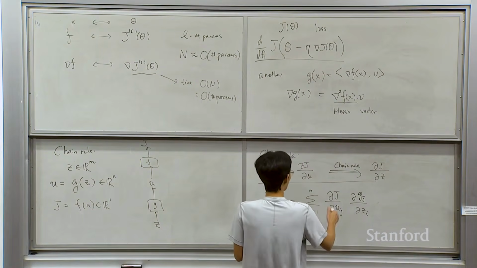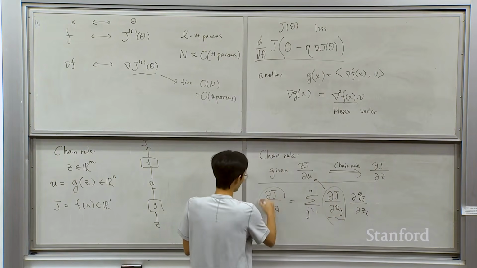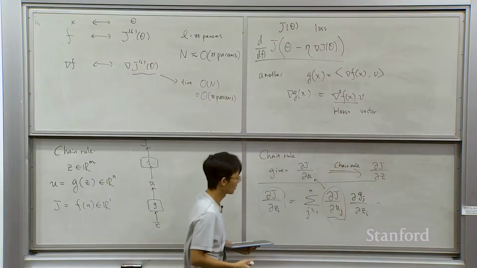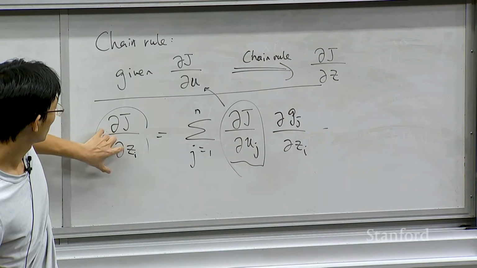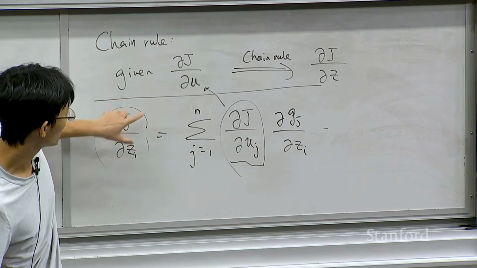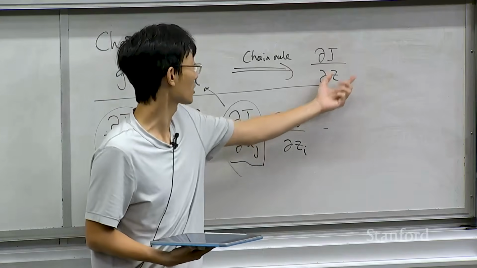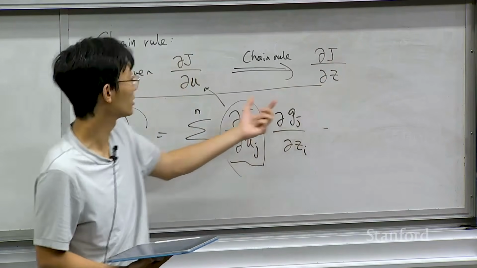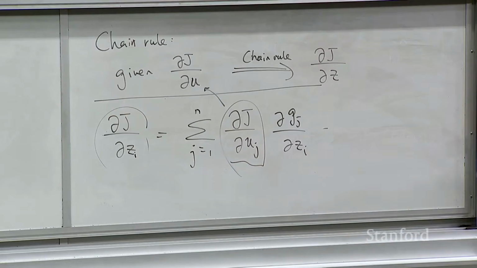If you think about this, these are these guys, and this is these guys. So this equation is saying that dJ over dz is a linear combination of dJ over du. The quantities you care about are a linear combination of the quantities you are given, and you can rewrite that as a matrix multiplication.